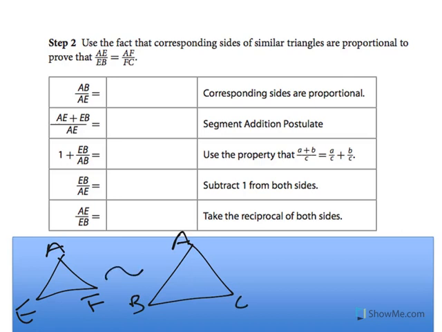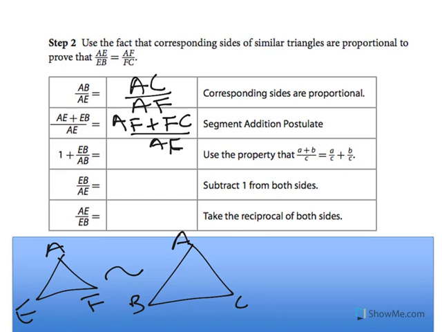We can say that AB over AE is equal to AC over AF. Right, and then AB is the same as AE plus EB, so then we can break up AC, so AC is the same as AF plus FC over AF.